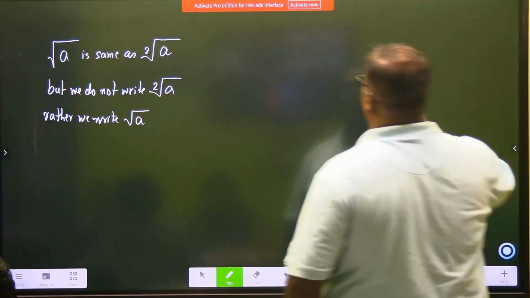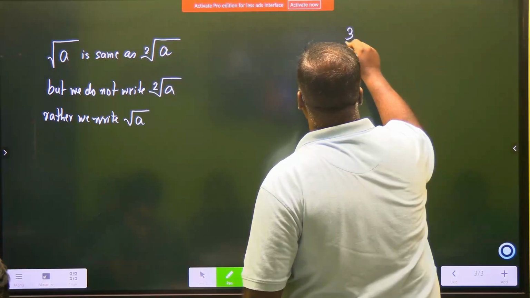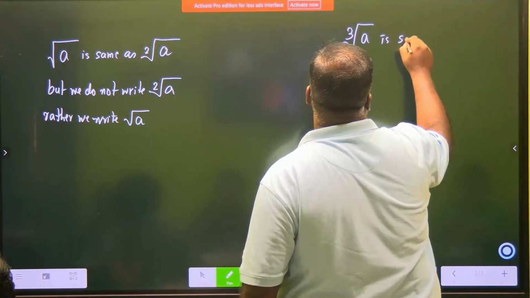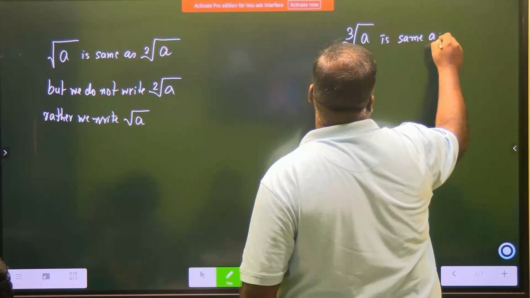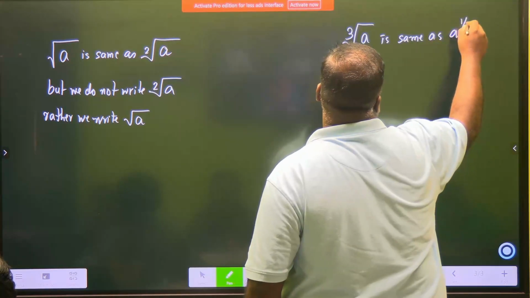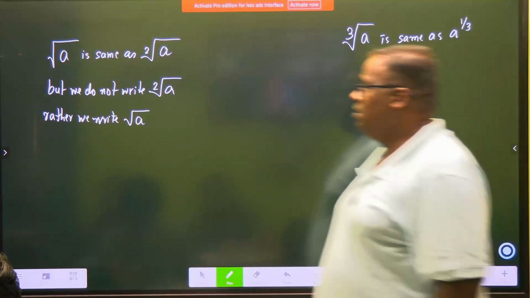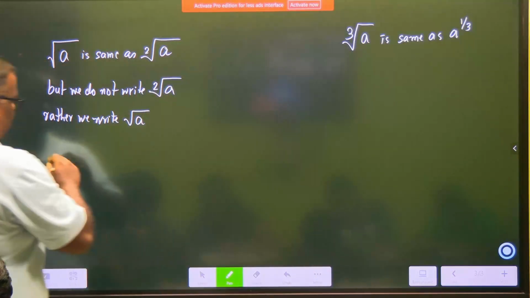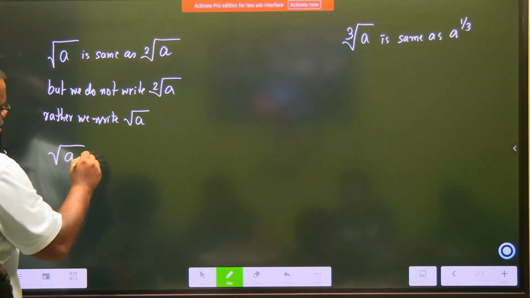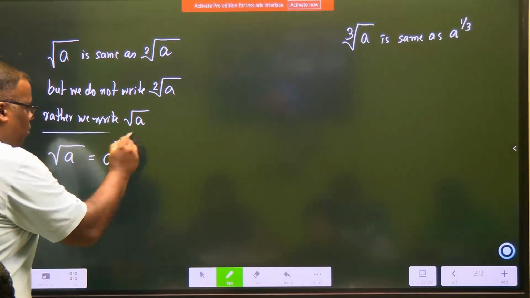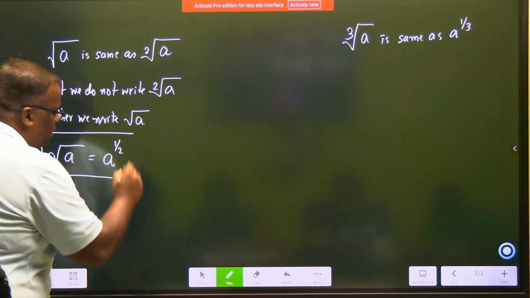Let's see in another way. Cube root of a is same as a to the power 1 upon 3. Understood? Similarly, square root of a is same as a to the power half. This is very important. इसको समझिए आप, तब clear हो जाएगा आपका.